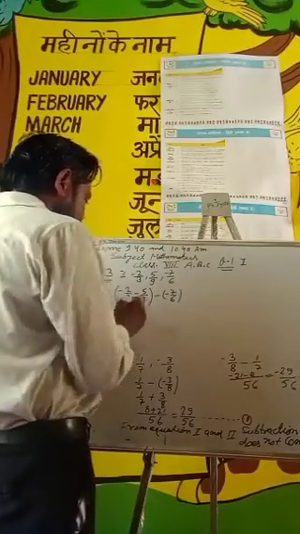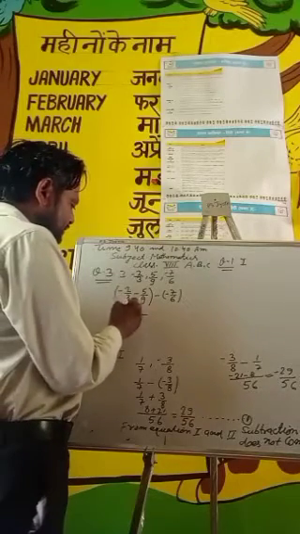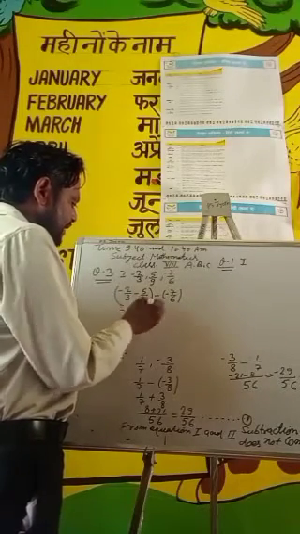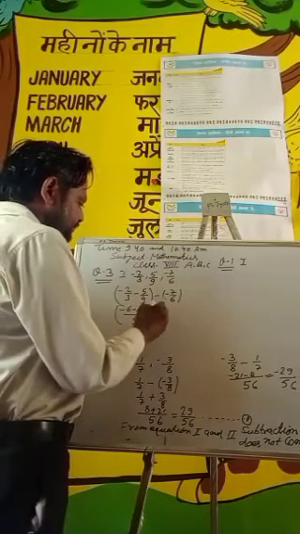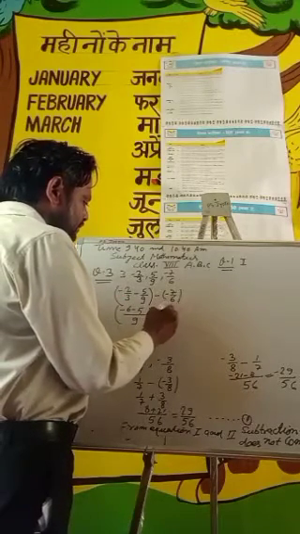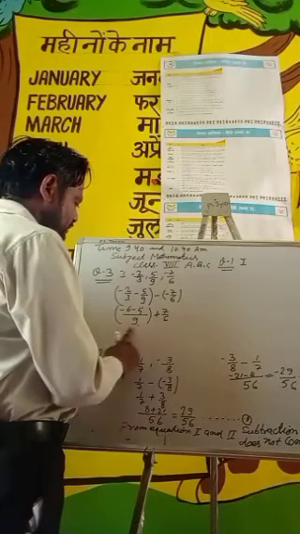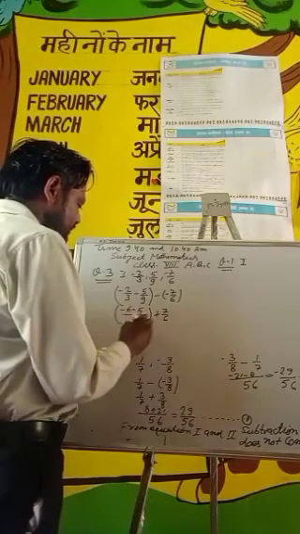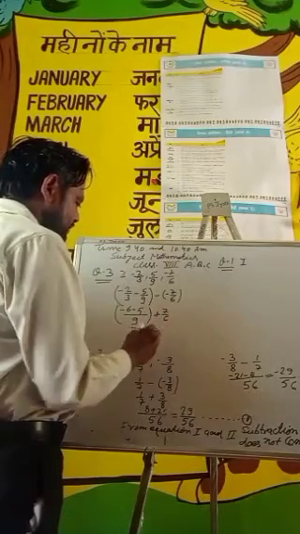So, 3 3s are 9, 3 2s are 6, minus 6, 9 1s are 9, minus 5, plus 7 upon 6, minus 14 minus 11 upon 9, plus 7 upon 6.